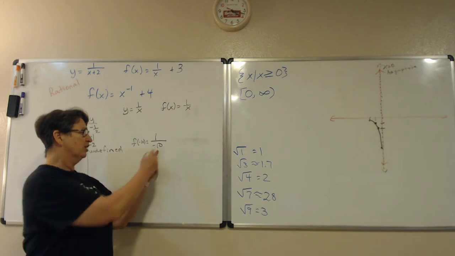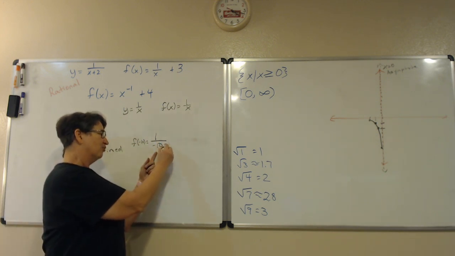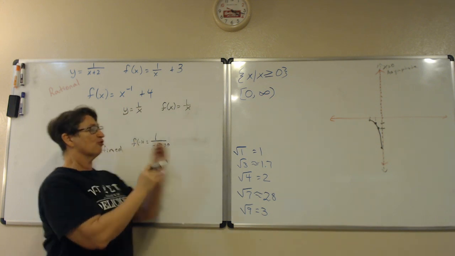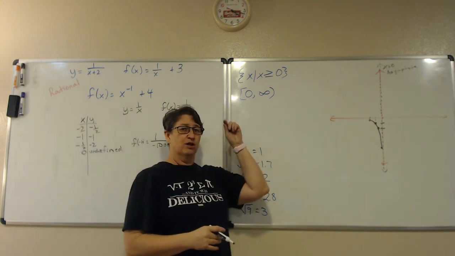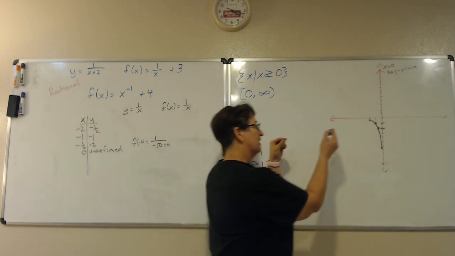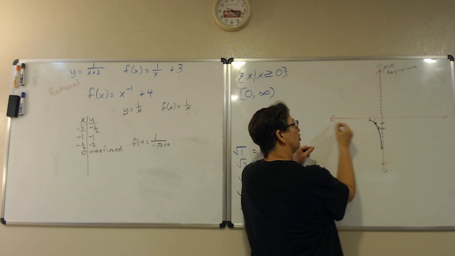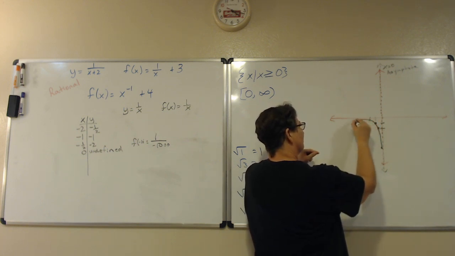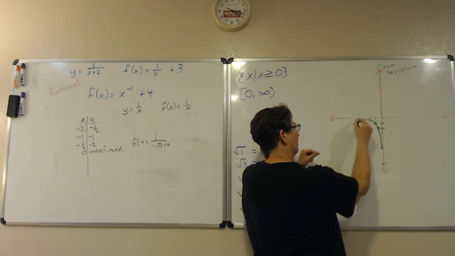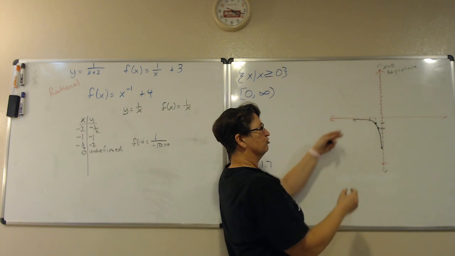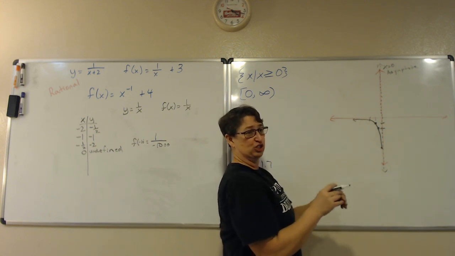If I put in 100, or 1,000, I get teenier and teenier. So the further my x's come out, the smaller and smaller my y's get. They're getting tinier and tinier, closer and closer to 0. So as my x's go out towards infinity, and out towards -infinity, my y values get closer and closer to 0, but they never touch it.